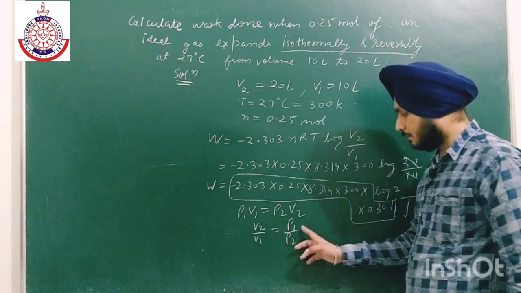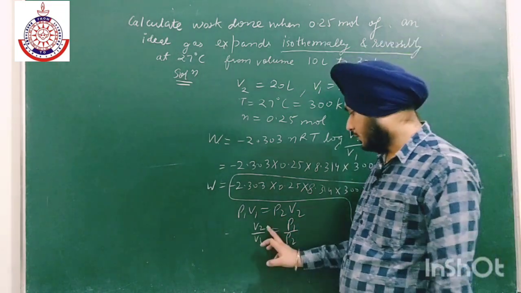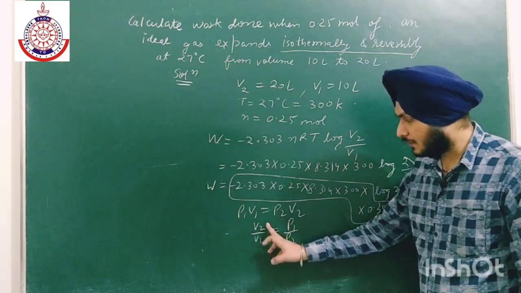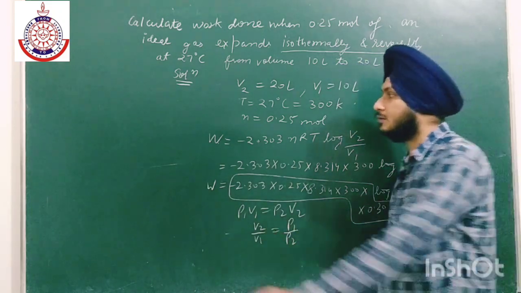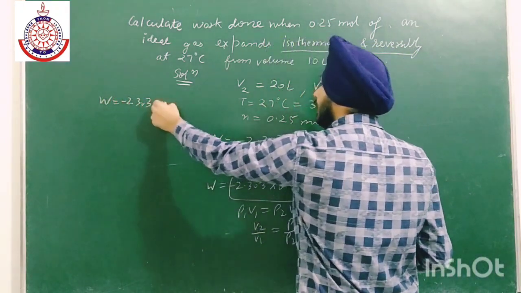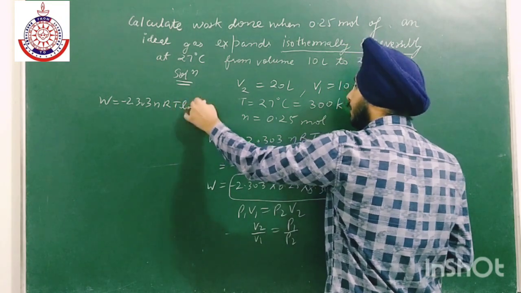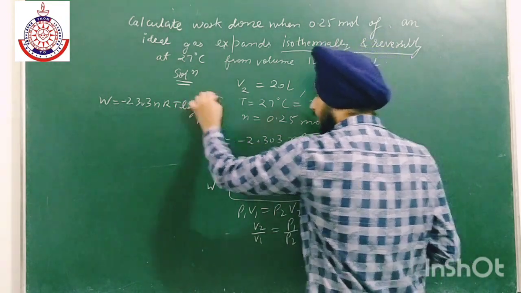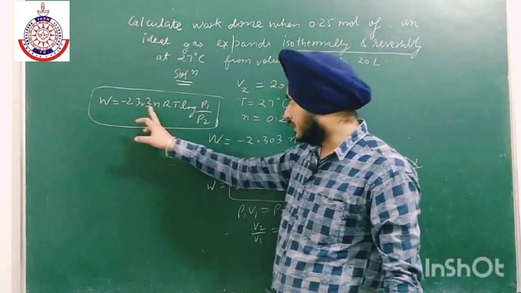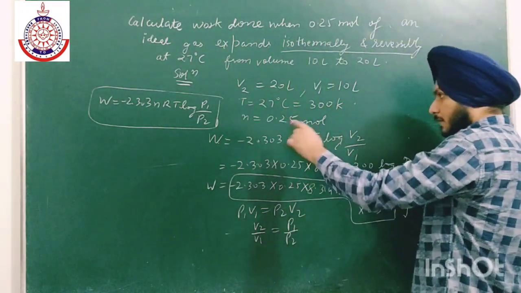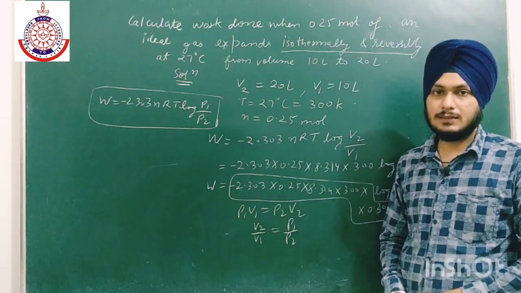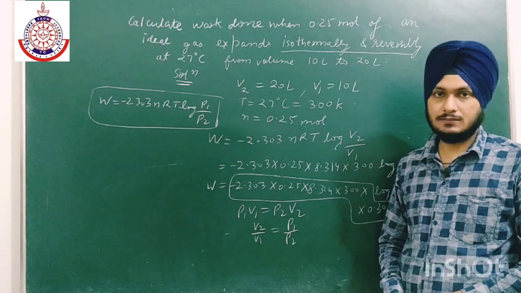We can replace V2 by V1 with P1 by P2, so we will get the formula W is equal to 2.303 nRT log P1 by P2. This can also be used as a formula. Now let us discuss the graphs of reversible and irreversible processes.